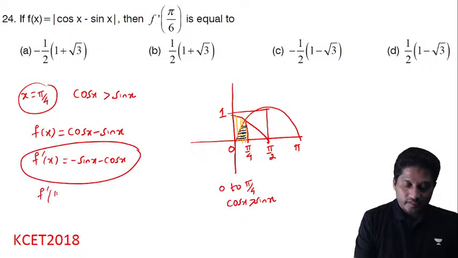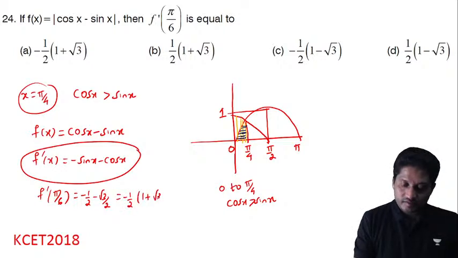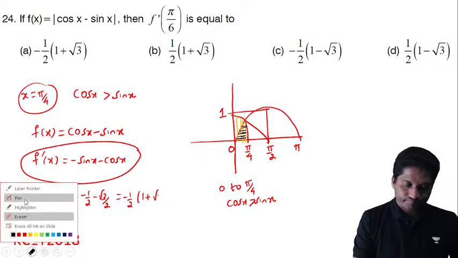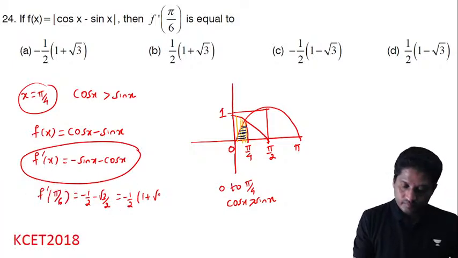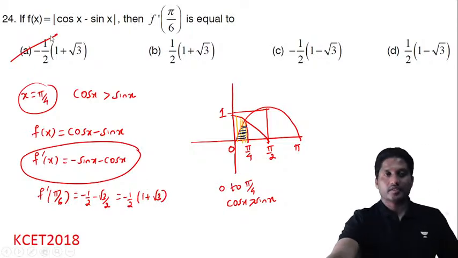F dash of pi by 6: sin 30 is half, cos 30 is root 3 by 2. If I take minus half outside, you will get 1 plus root 3. That's the first option.